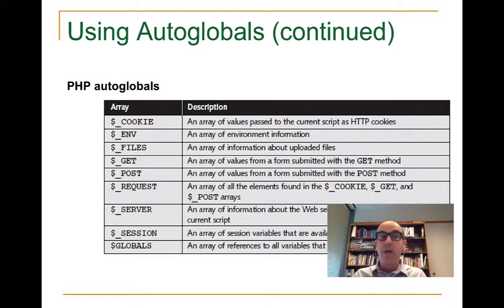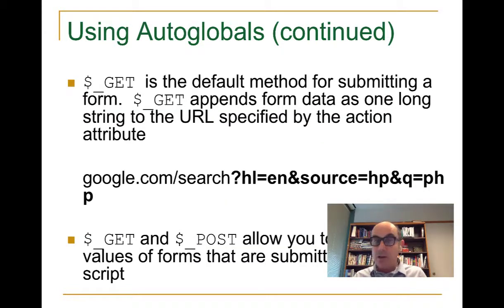Example, $_COOKIE, an array of values passed to the current script as HTTP cookies, or $_ENV. You will see that in basically all the PHP code available to you that has those arrays. In this case, GET, POST, SERVER, GLOBALS, all of them are part of it.